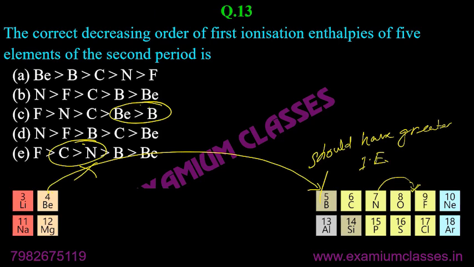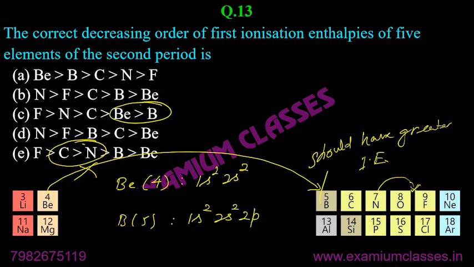But why is this so, that boron looks to have the greater ionization enthalpy, but beryllium does? Again, write the configuration and you will get the answer. Beryllium 4, boron 5. The configuration of beryllium is 1s2, 2s2. Boron has 1s2, 2s2, 2p1. In beryllium, the valence electron is in s orbital. However, in boron, it is in p orbital, and that too not half filled or fully filled.